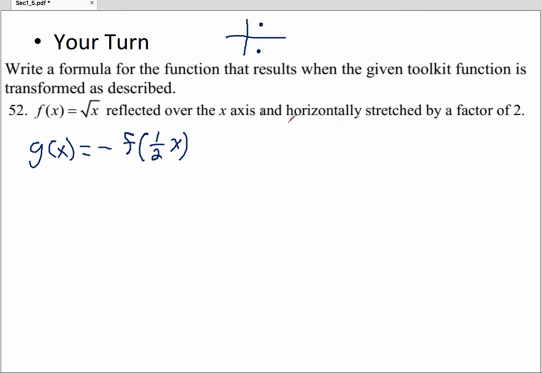That's the sticky part when you get a horizontal one. Remember that whatever the factor is, you have to use the reciprocal of that. In other words, if you came in here and said g of x was equal to negative f of 2x, I'm gonna cry blood. It's like, no, that's wrong, okay?